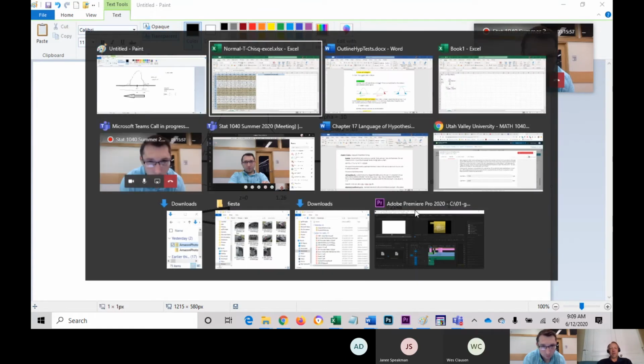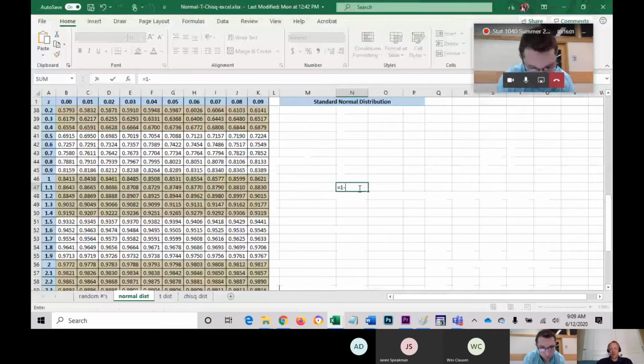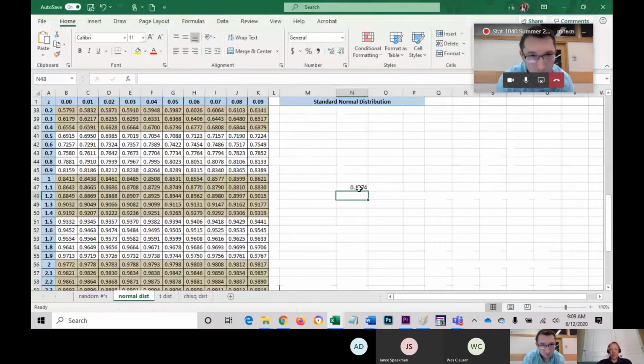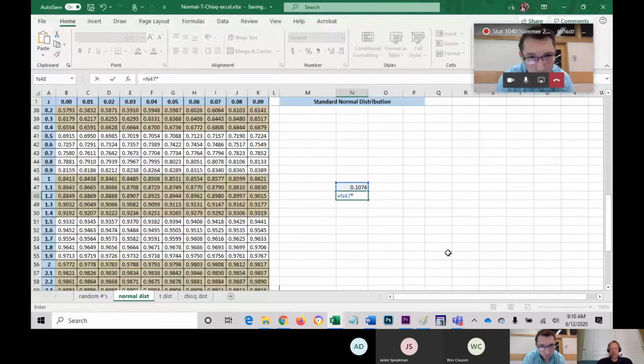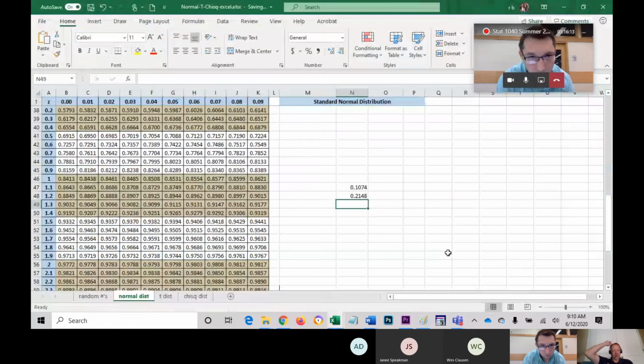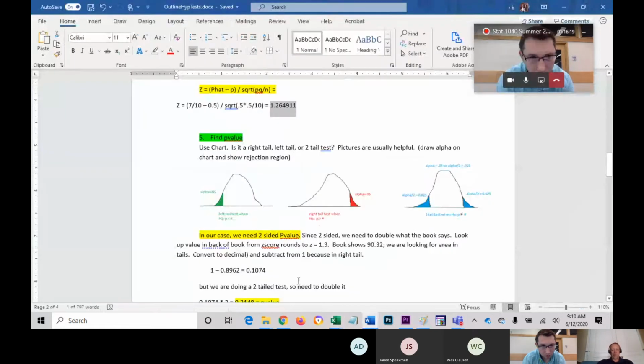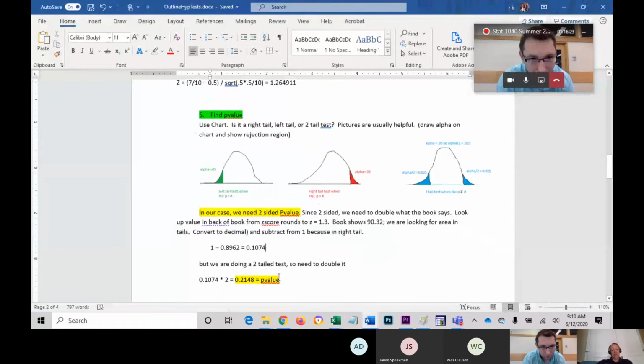Maybe I should check my math. So 1 minus 0.8926 is 0.1074. I'm going to multiply it by 2. So 0.2148. Oh good, that's what I said. So my p-value in this case is 0.2148.